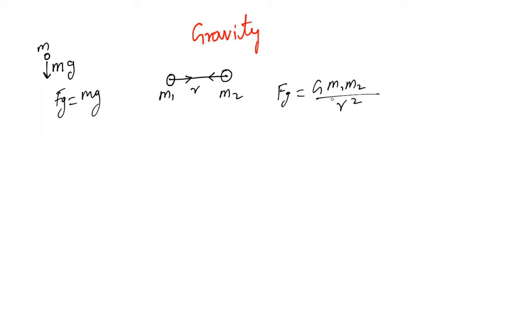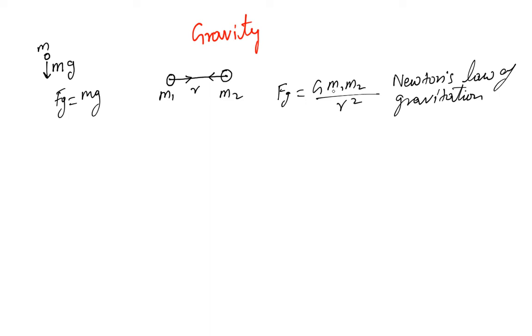So this is Newton's law of gravitation. And many years later, Einstein verified the same formula with a different theory, which was called the general theory of relativity.